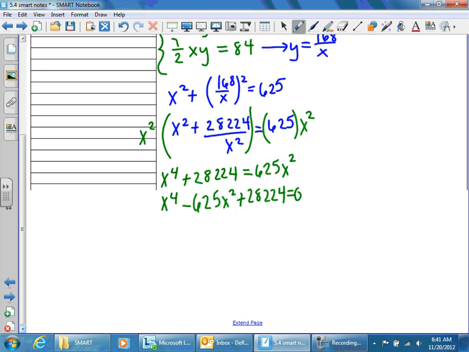Now I need to factor it. This might take you a little bit to find. So two things that multiply together to give me 28,224, and that add to negative 625. So take a second, see if you can find those on your own, and pause me if you need to.